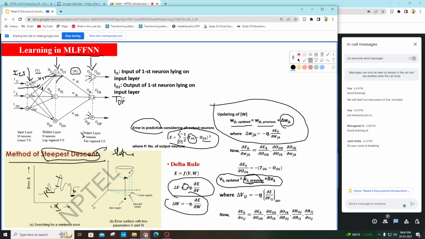So your error will be between t and o, that is the output of the kth neuron and the target output of the kth neuron.